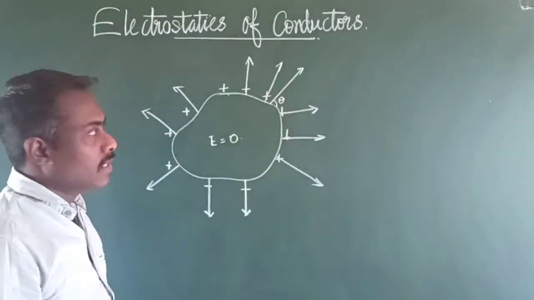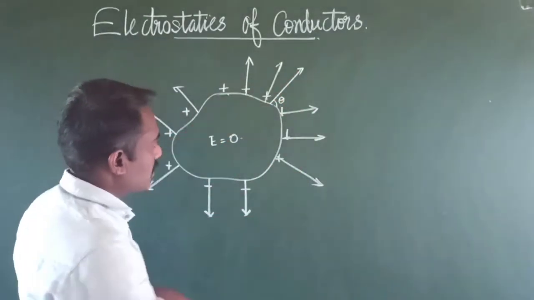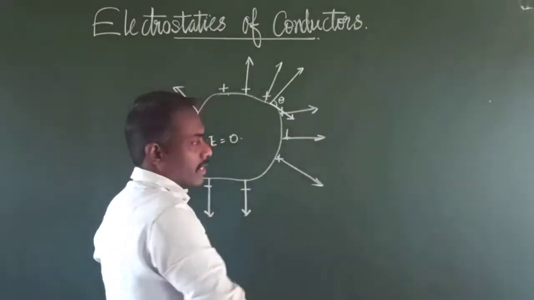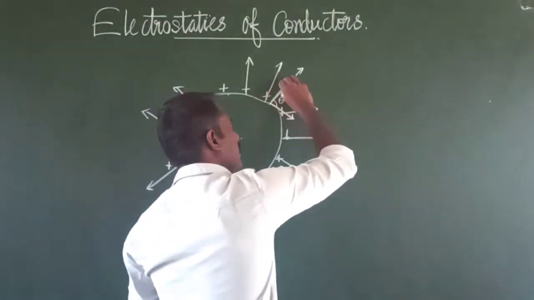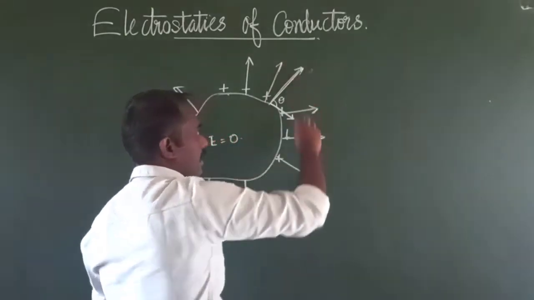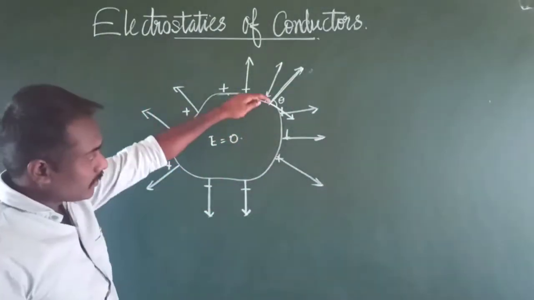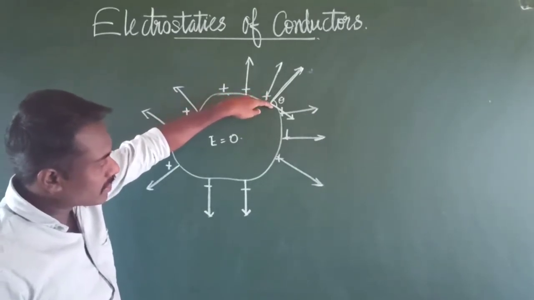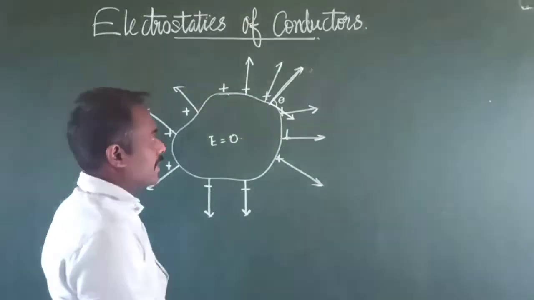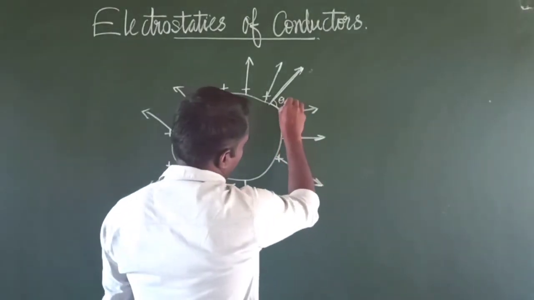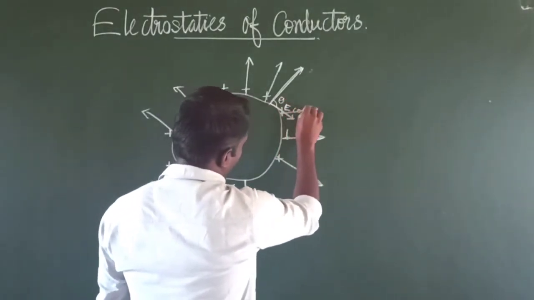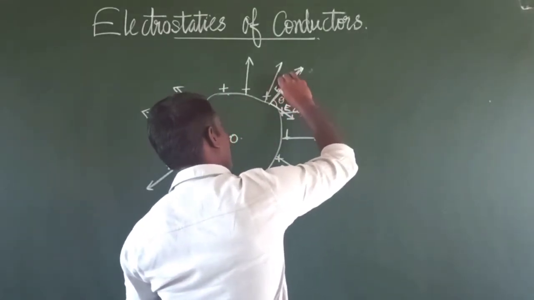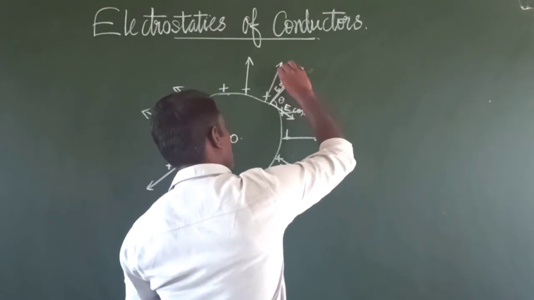Then we can consider two components: one along the surface of the conductor, which can be taken as E cos theta, and the perpendicular component, which can be taken as E sin theta.